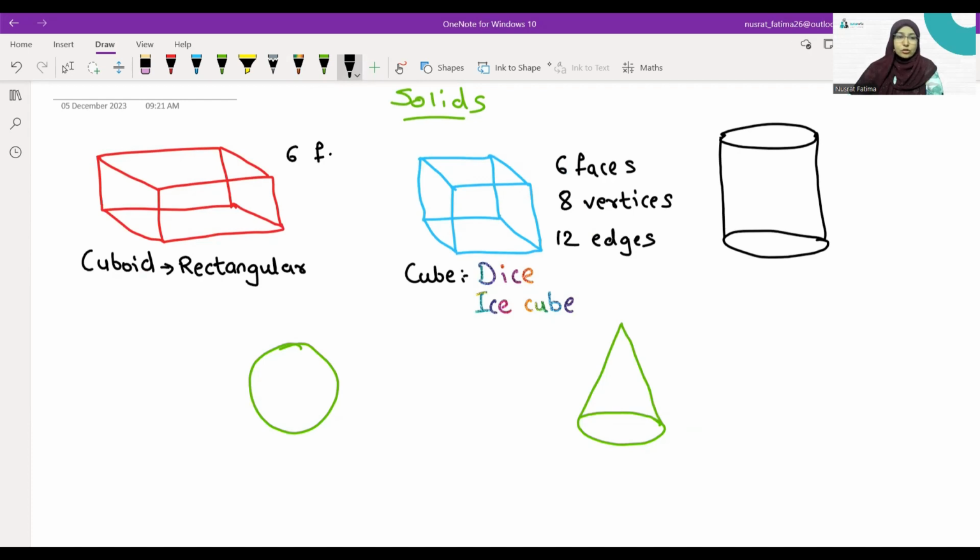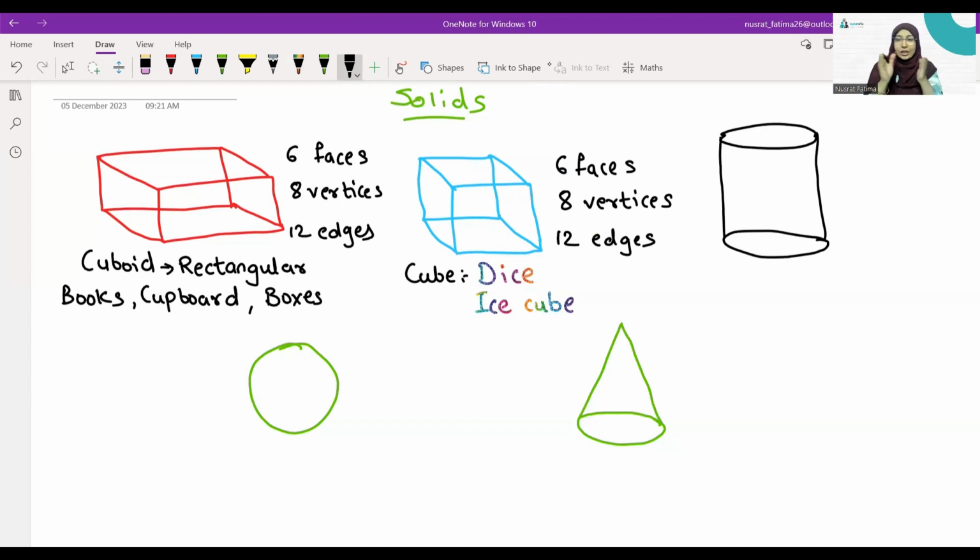A cuboid also has 6 faces, 8 vertices, and 12 edges. And if you look around you, you will find out many things are also cuboid in shape. If you look at your books, they are cuboid in shape. If you look at your cupboard, it's also cuboid in shape. There are many boxes, storage boxes, that are also cuboid in shape.